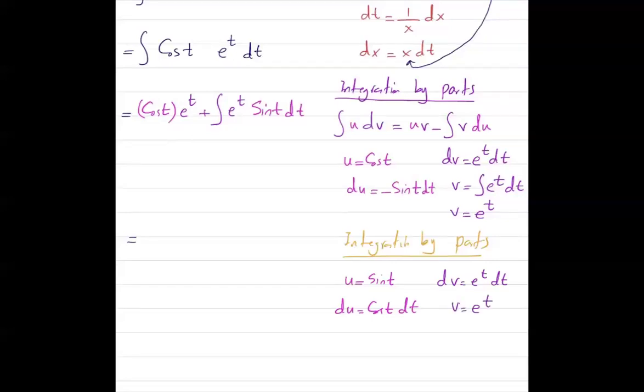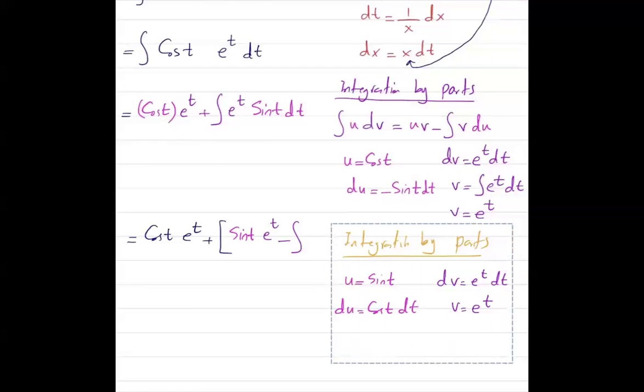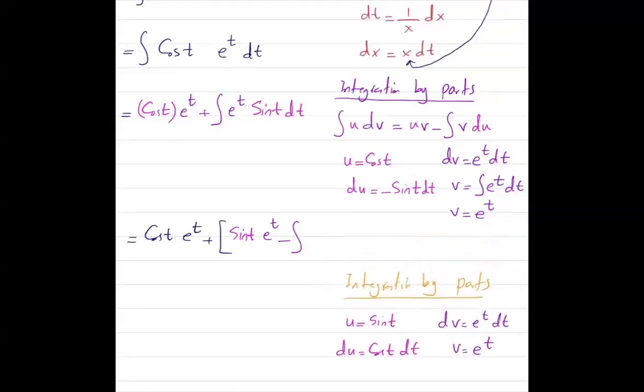So this integral is equal to, I'm going to copy this down, cosine t e to power t, plus I'm going to open up a bracket, uv, which is sine t e to power t, minus the integral of v du, but v is e to power t, and du is cosine t dt. Now let me close up the bracket.